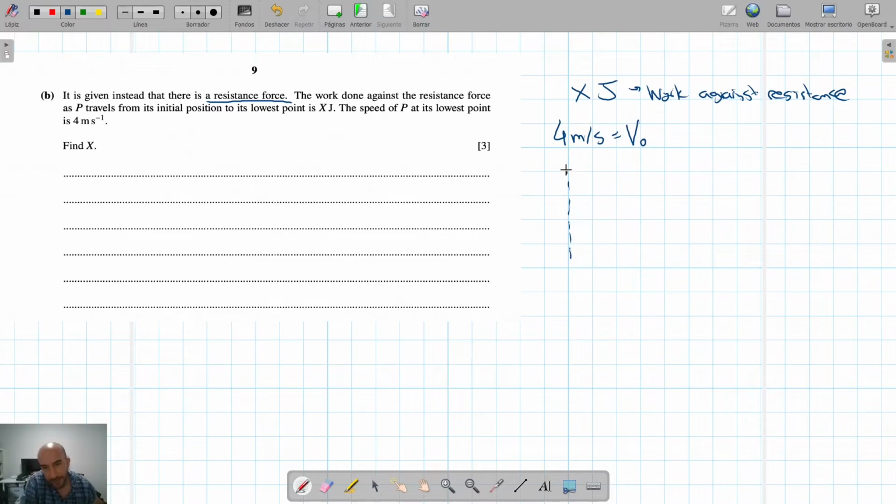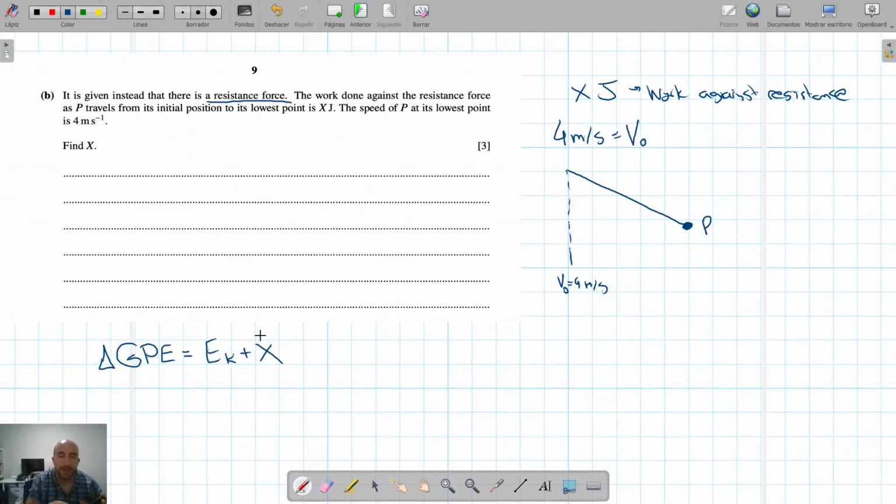Okay, so what's happened here? Now we have a speed at its lowest position. It was here before. The speed here is 4 meters per second. Now if we look at the balance of energies, the change of potential energy from the start to the end is changed into kinetic energy plus that X, which is the work against friction.